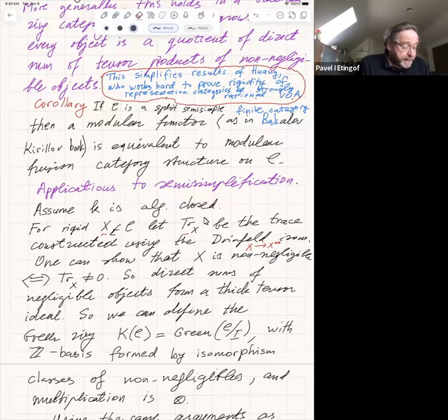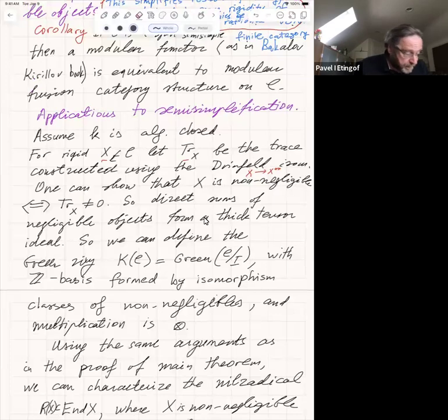So direct sums of negligible objects form a thick tensor ideal. And then we can define the Green ring K of C, which is the Green ring of the quotient C mod I, with Z basis formed by isomorphism classes of non-negligibles, and multiplication is tensor product.